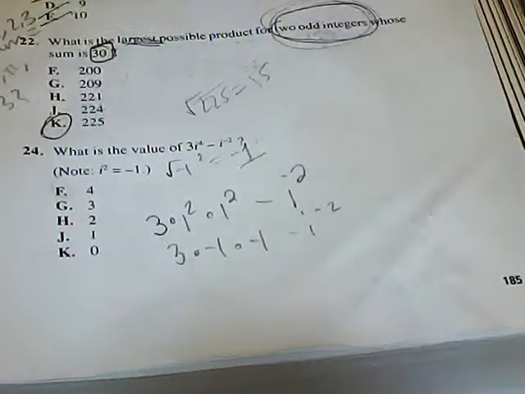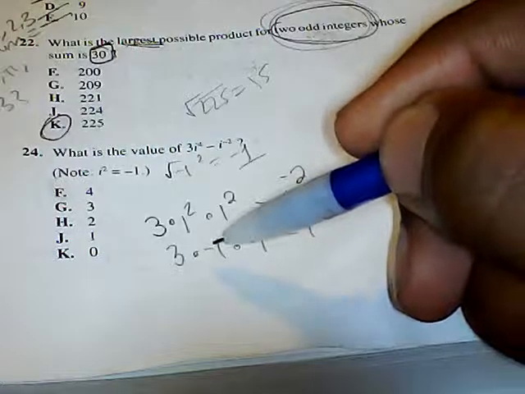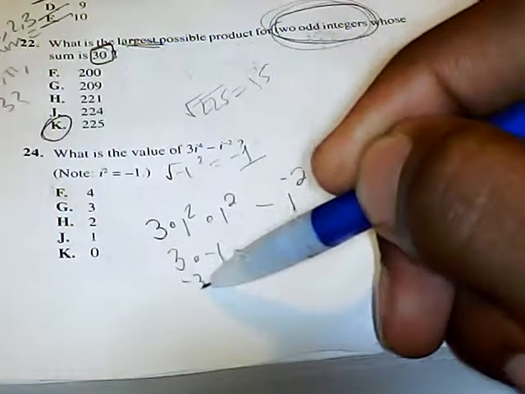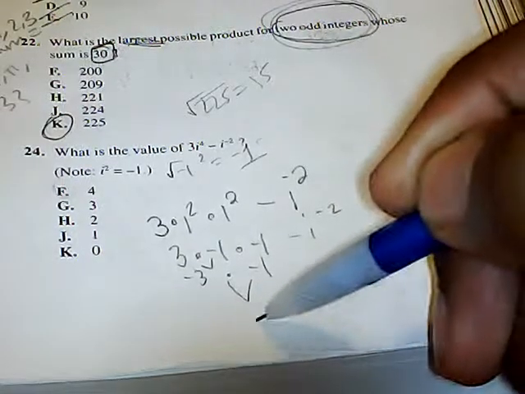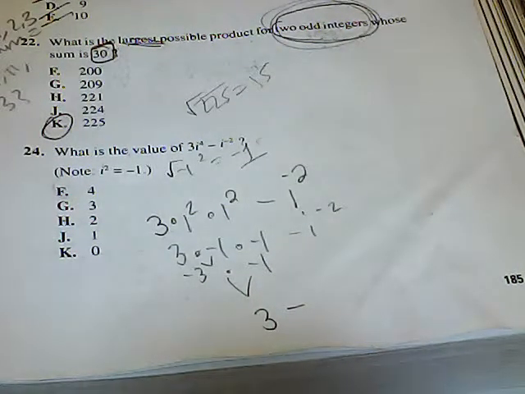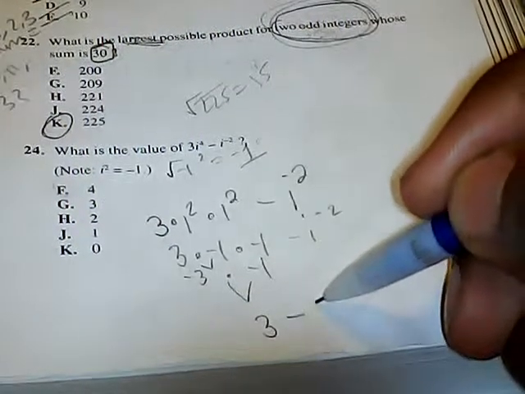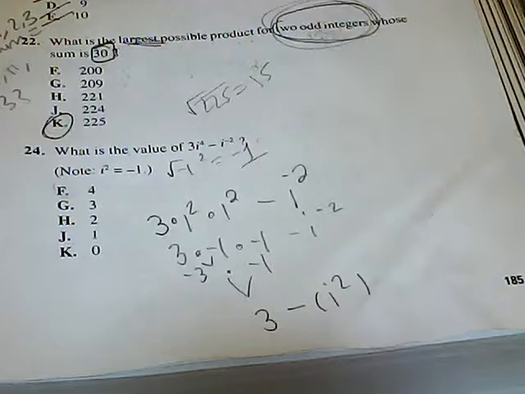Oops, my computer seems to be running low on battery. So that's going to be 3 times negative 1 times negative 1, which is 3, minus i to the negative 2.